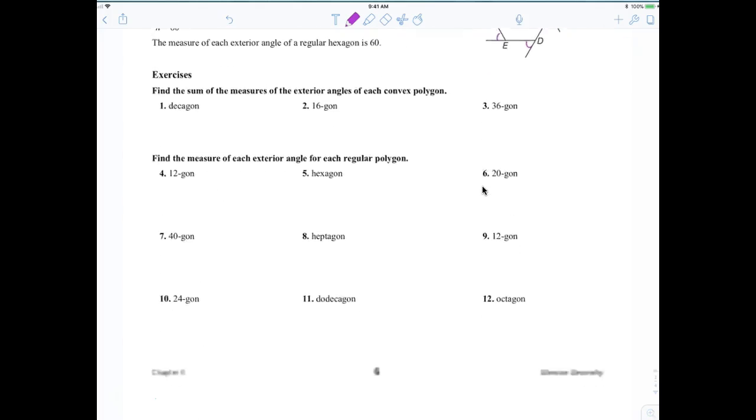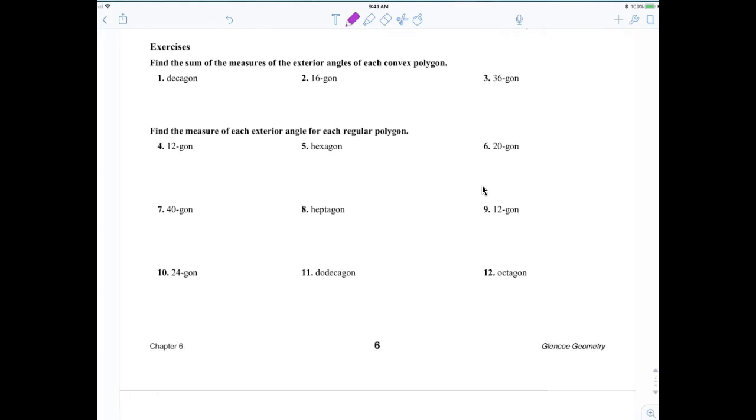But anyway, let's knock this out. I only got a couple seconds here, so listen to me. It says, find the sum of the measures of the exterior angles. This is a trick question. They're convex. On 1, 2, and 3, the sum, they are all 360.